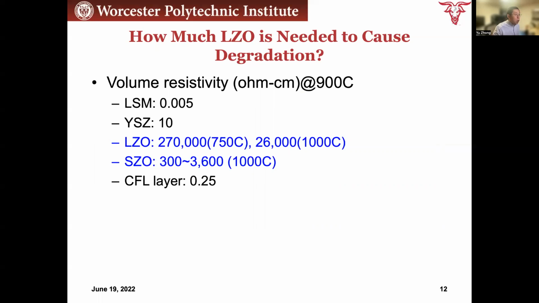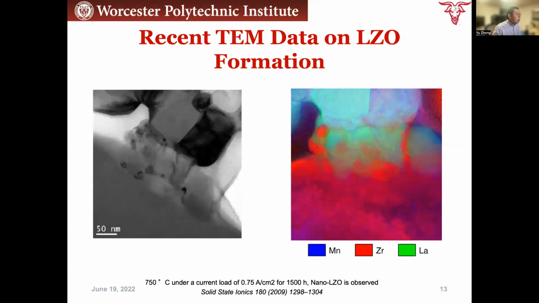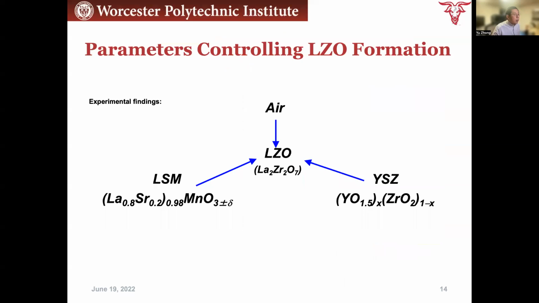That is huge. This tells you that even if you have a tiny bit of LZO, your performance will drop. And this is what people observed. They do observe these tiny particles of LZO actually forming there. That is why we have to figure out a way to prevent the formation of LZO.